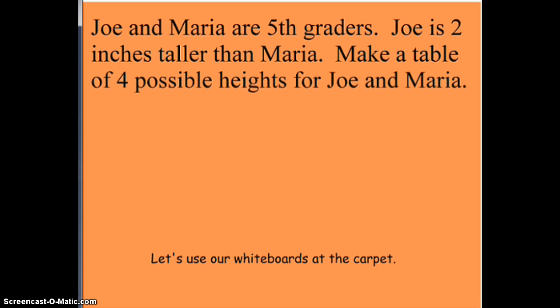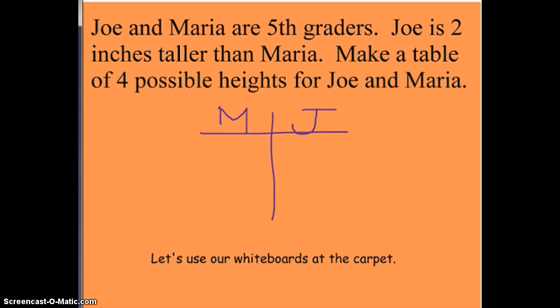Let's get warmed up. The problem we are starting with: Joe and Maria are fifth graders. Joe is 2 inches taller than Maria. Make a table of 4 possible heights for Joe and Maria. If we make a T-chart, here is Maria's height and here is Joe's height.